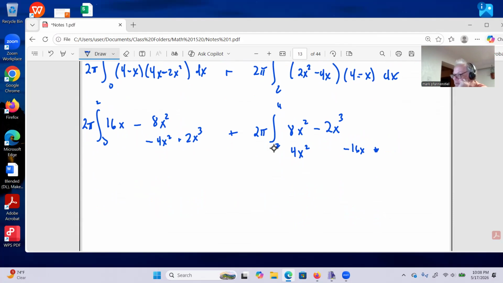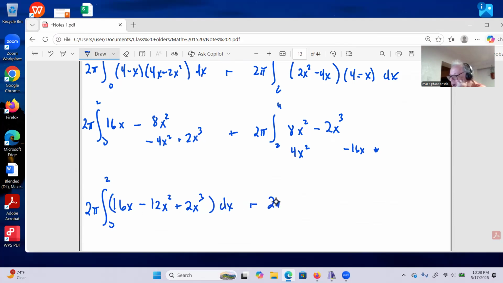I wish we could add these together somehow, but these are different integrals over different regions, so we can't do that. So we're stuck dealing with all of this in different little pieces. So we have our 16x here, minus 8 minus 4, so minus 12x squared plus 2x cubed, all under a dx.